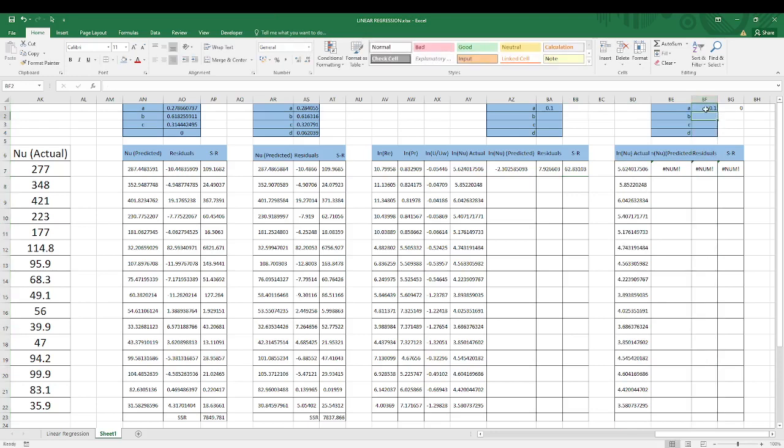So I think same naman ang idea here. This one with this one, and then it should be P times the viscosity ratio.